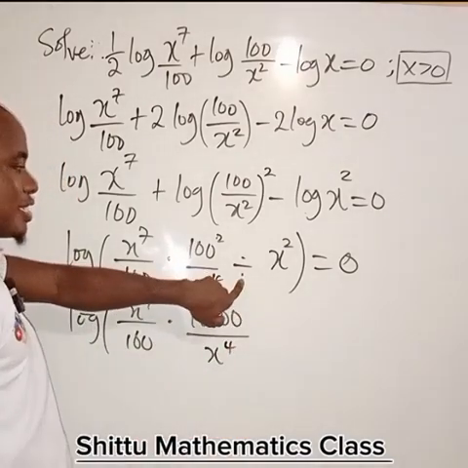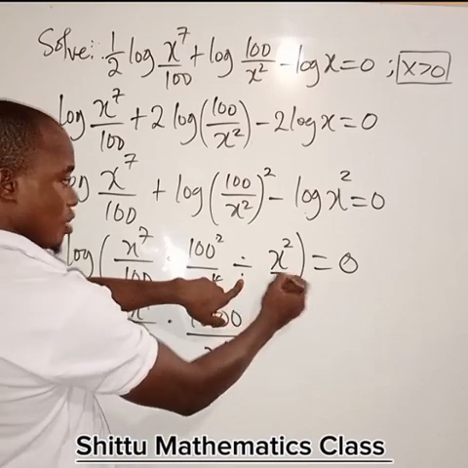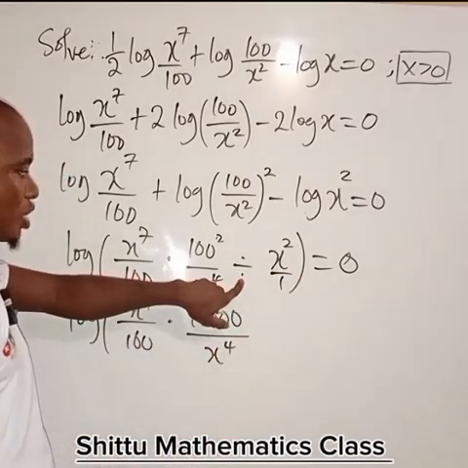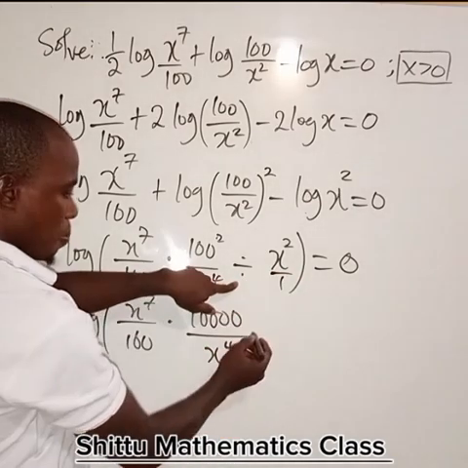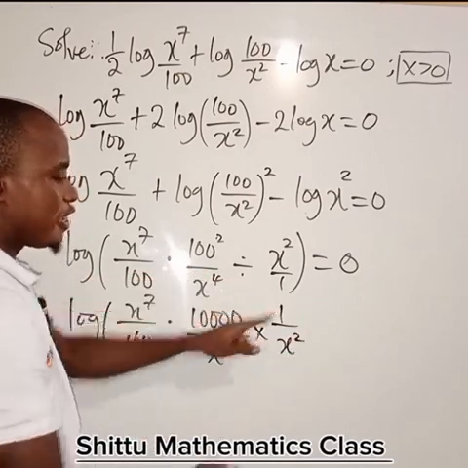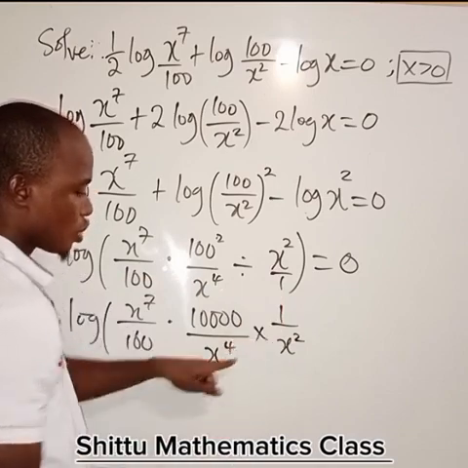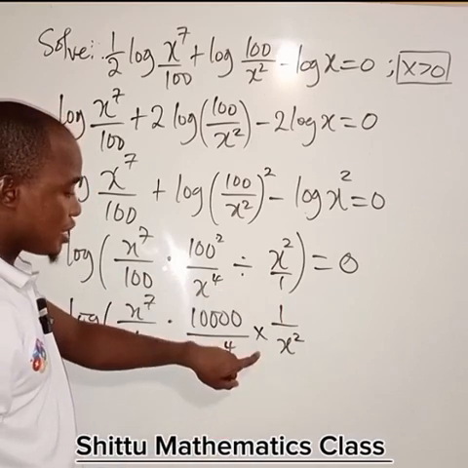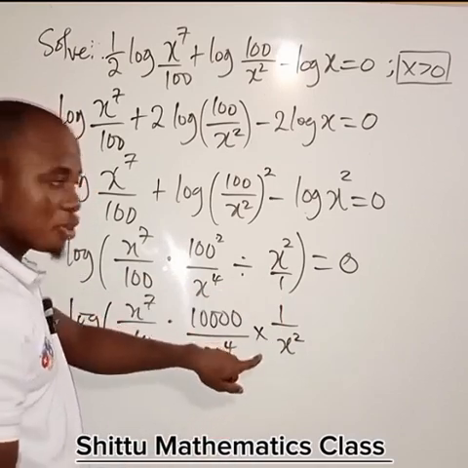Now here, I can write this x squared as over 1. So now multiply by 1 over x squared.